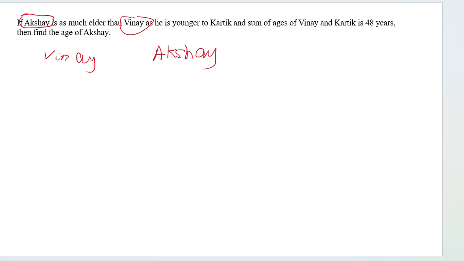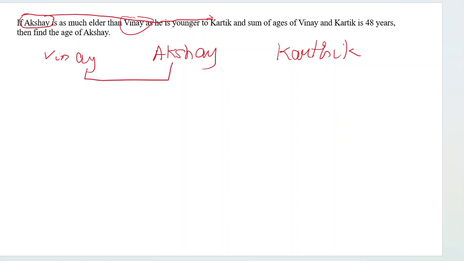But this Akshay is also younger to Karthik, that means Karthik is ahead of him. So this is the sequence: there is Vinay, then there is Akshay, then there is Karthik.